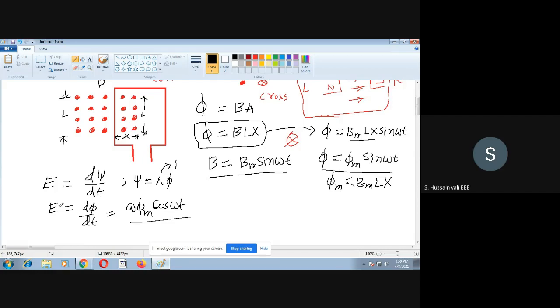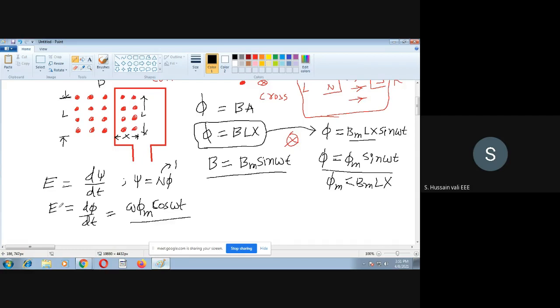The simple thing is that we have taken a coil whose dimensions are represented there. With those dimensions, it is present in a sinusoidally varying magnetic field whose flux density is Bm sin omega t. Then what flux do you get from those physical dimensions?